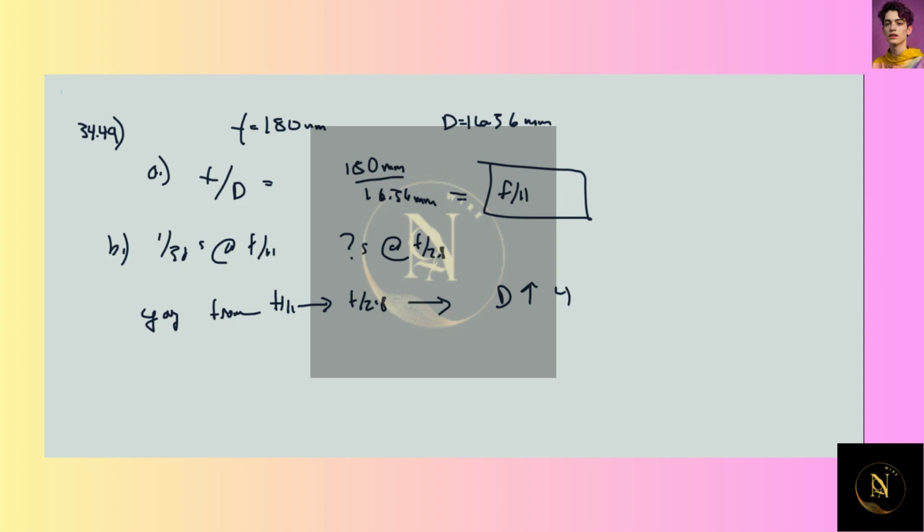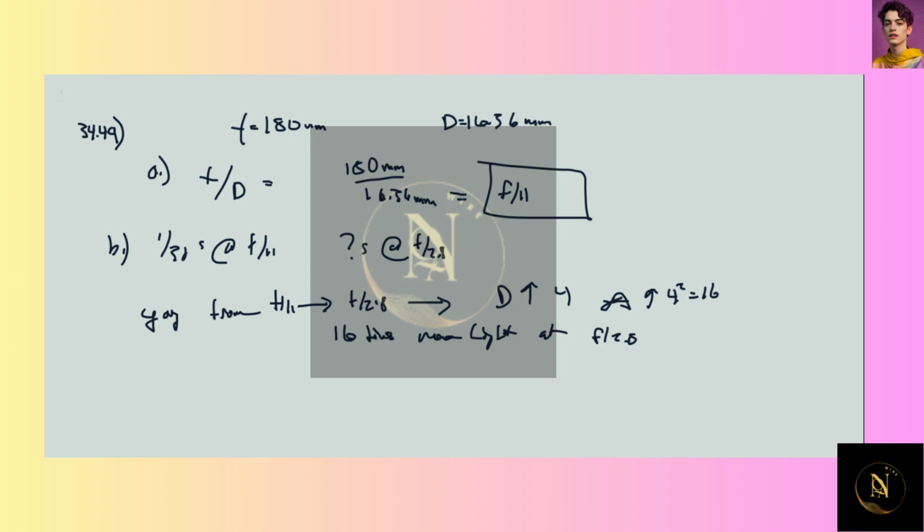So if the diameter is increasing by 4, then the area is increasing by a factor of 4 squared, or 16. So if the area is 16 times bigger, 16 times more light will be allowed in.